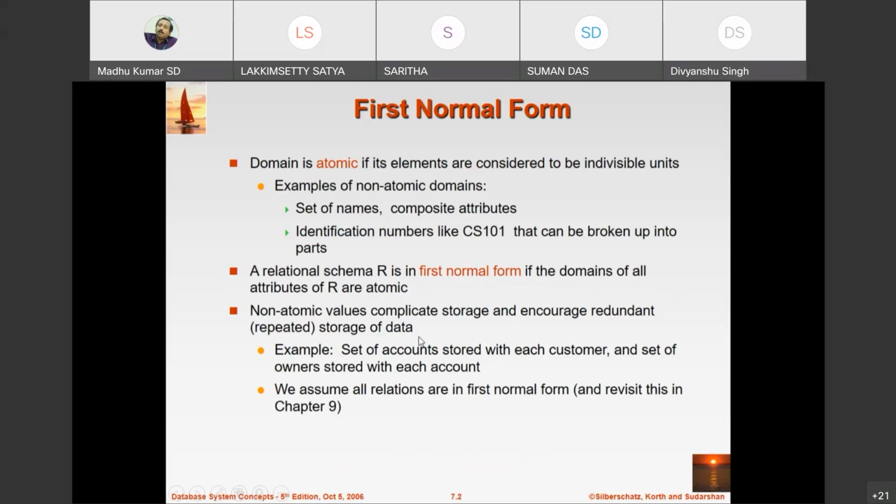By looking at a table, we will not be able to say in which normal form it is. So you require some additional information. What is that additional information that we require, Abhinav? Sir, attribute should be atomic.